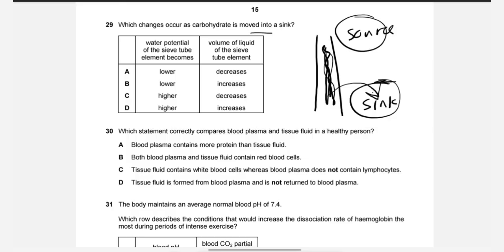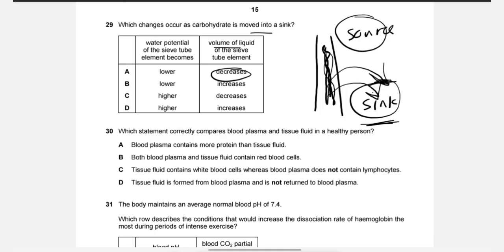Let's assume that there was some sort of fluid in the sink. So when the carbohydrates are going to be added to the sink, if we look at this part, which says the volume of liquid in the sieve tube element, the volume decreases because we are having the carbohydrates leaving.